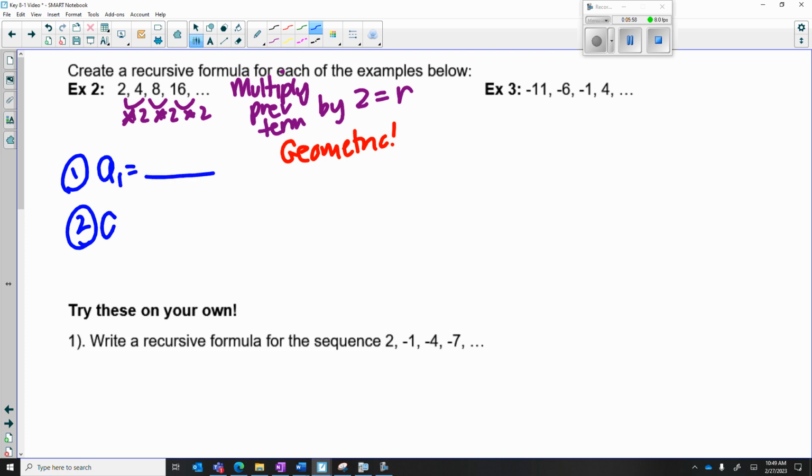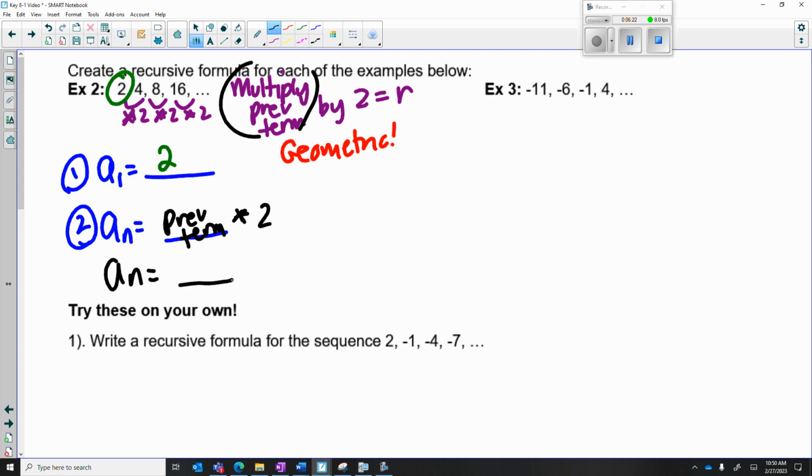And then I'm going to state something involving the previous term. So the first term is a1 equals 2. That's my first term, my initial term. And then I'm going to take the previous term times 2. Write it down in words, it helps. So A n, the previous term would be A n minus 1 times 2.